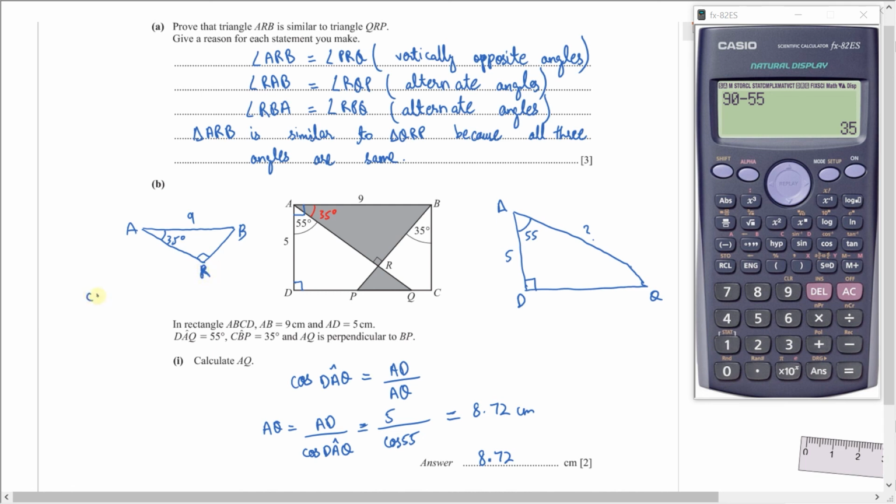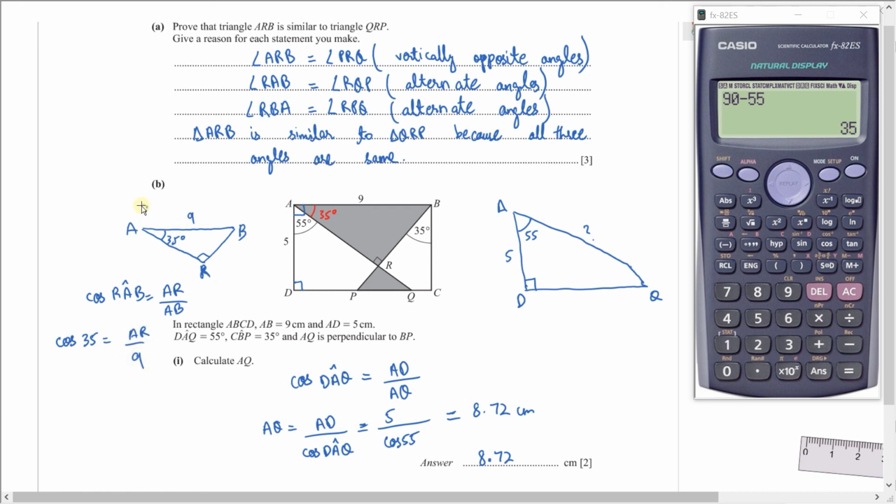So cos of angle RAB will be equal to this base, which is AR, divided by this hypotenuse, which is AB. So cos of RAB is 35 degrees, AR is unknown, AB is 9.